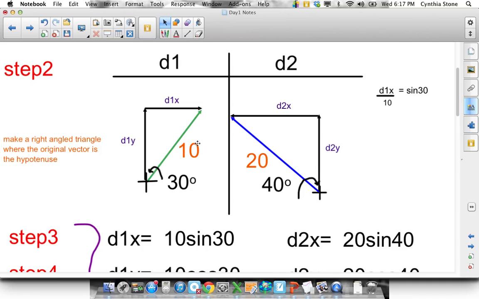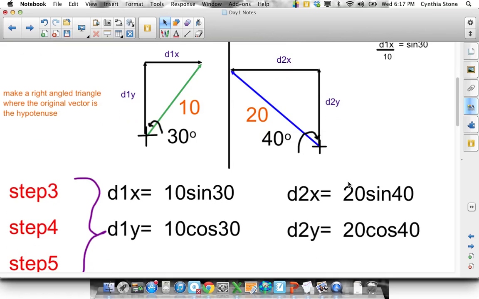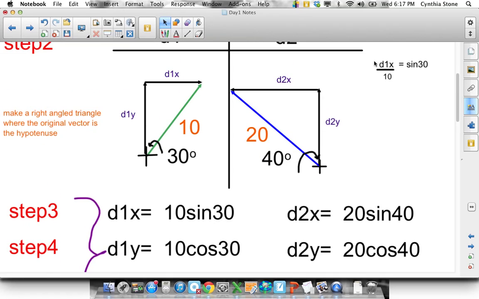So this 10 refers to the magnitude of this vector, right? It's 10 meters, 30 degrees east of north. Okay, so y is always up and down, x is always side to side. That's really important. Okay, x is always horizontal, side to side, y is always up, down. And for steps 3, 4, and 5 then, using this idea, the ratios, d1x over the hypotenuse, this is opposite the angle.